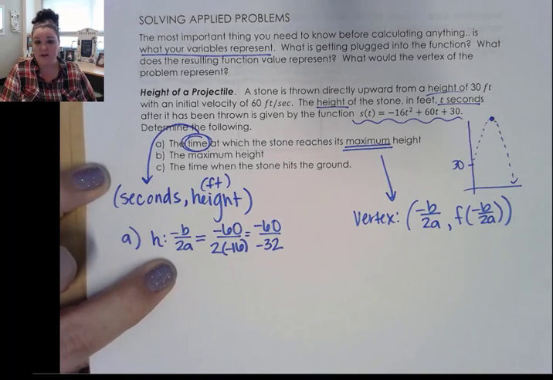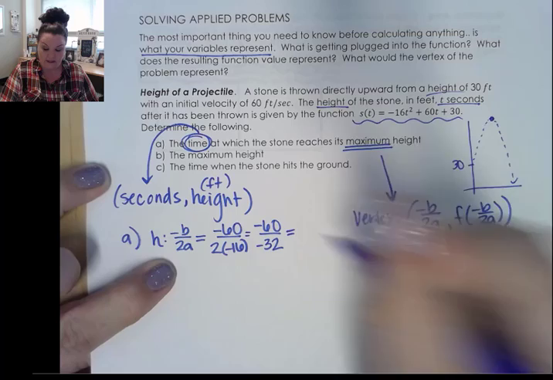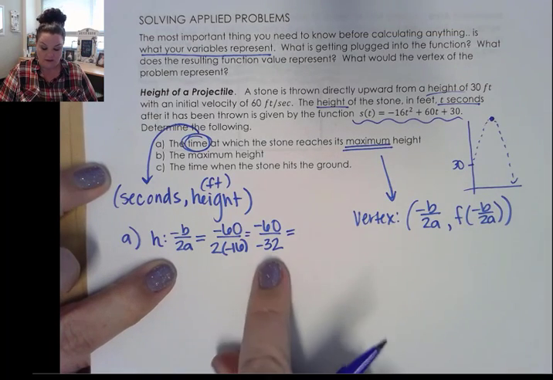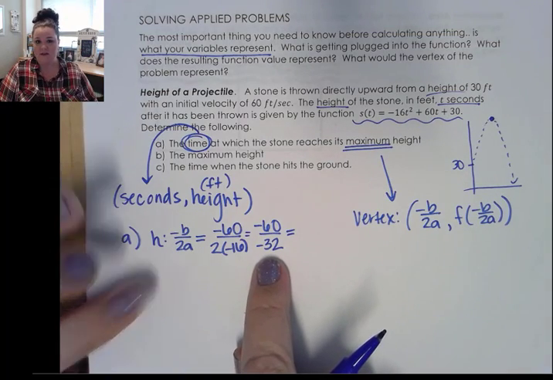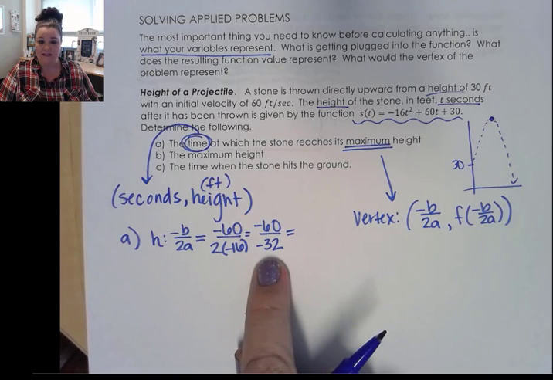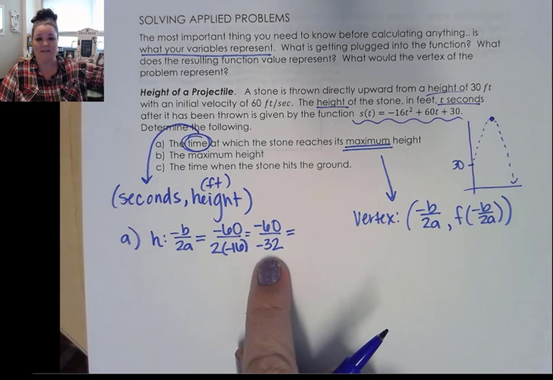A negative over a negative is positive, which I can simplify, but it really doesn't make a lot of sense in an application problem to say the time at which the stone reaches its maximum height is at 60 over 32 seconds. That doesn't make a whole lot of sense.